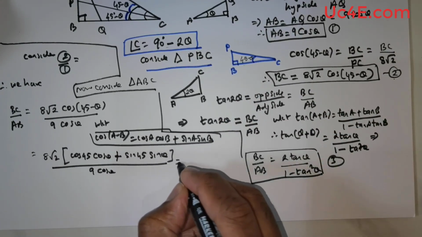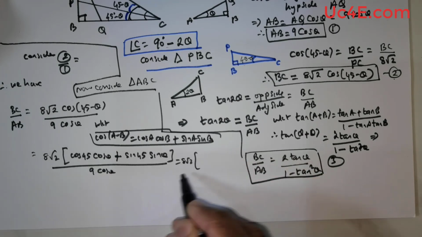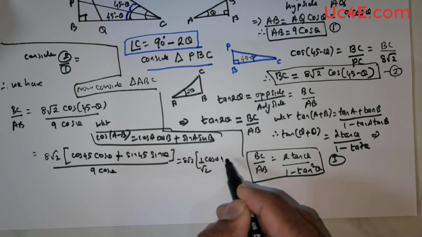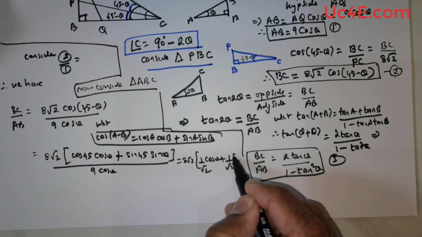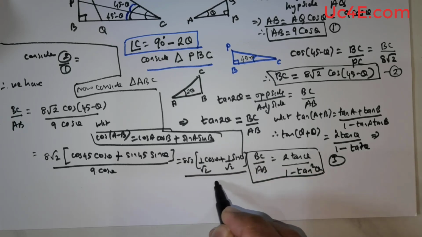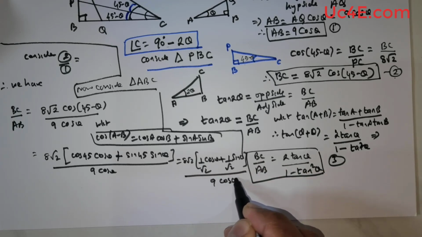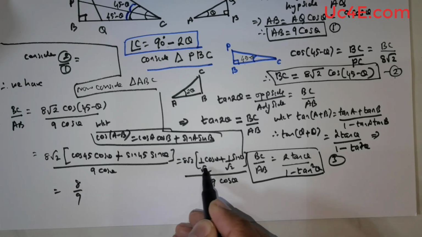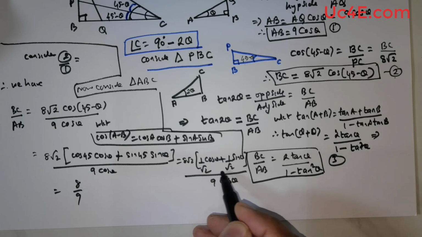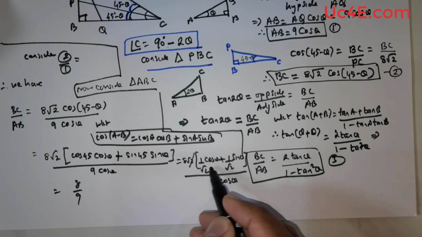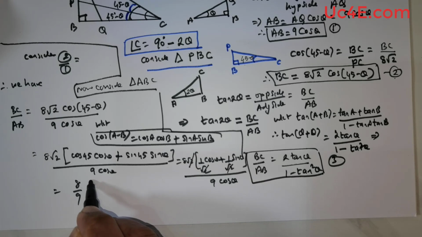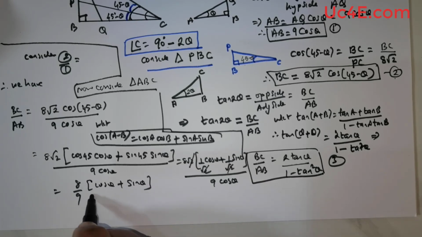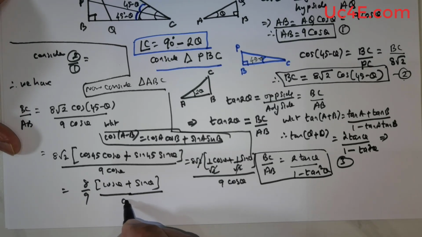So this is equal to 8 times root of 2. Cos 45 is 1 over root 2. This is cos theta plus sin 45 is 1 over root 2 times sin theta, divided by 9 times cos theta. I am taking 8 over 9, and 1 over root 2 can be taken out. That 1 over root 2 gets cancelled with this root 2. So now I only have cos theta plus sin theta divided by cos theta.